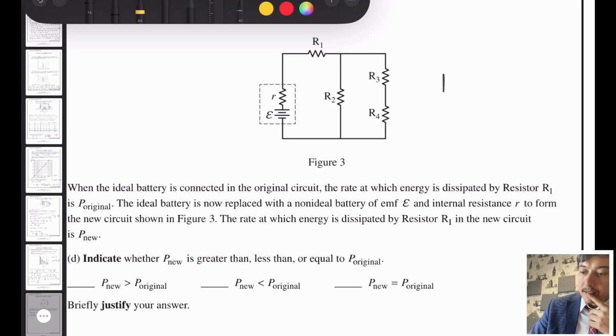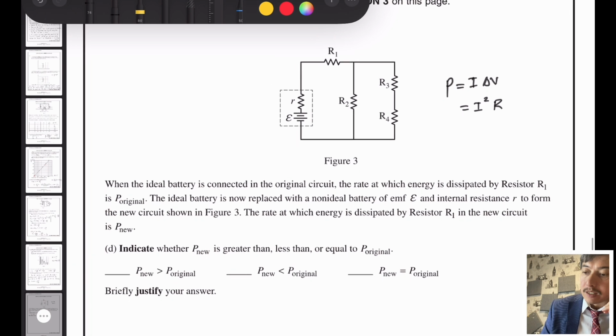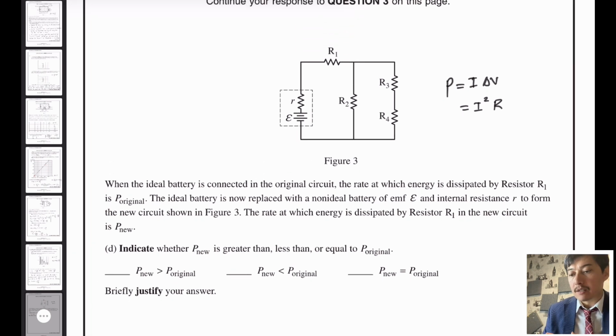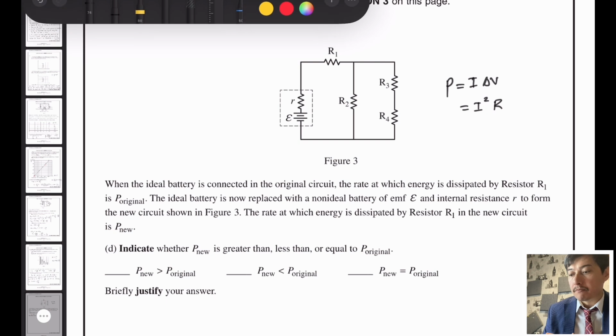Well, now here we can use again the power equation, which is current times potential difference, or if you want to eliminate the potential difference, it's going to be current squared times R. Now, if we are adding a resistance to the circuit, logically we are increasing R equivalent.